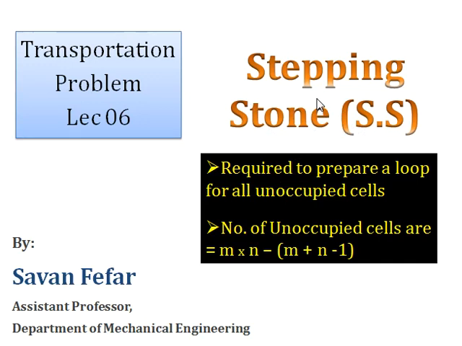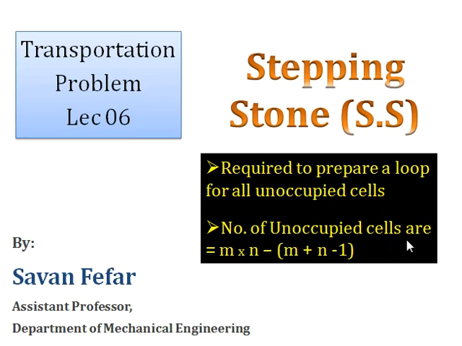And the same example we took in my second lecture, where we obtained the optimal solution using the MODI method. So let's check how the stepping stone works, and how you can correlate it with the MODI method. In the stepping stone method, we have to prepare a loop for all unoccupied cells.